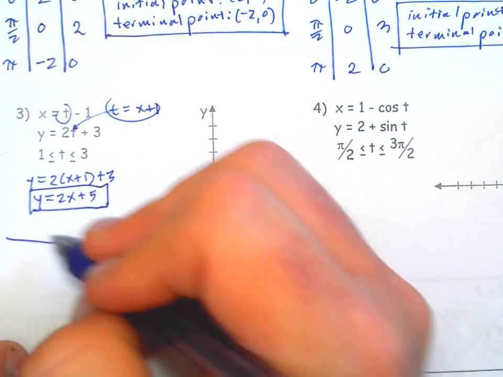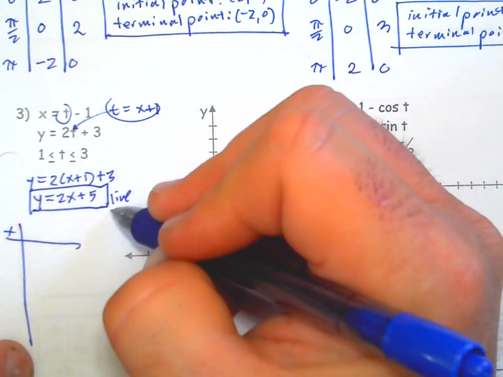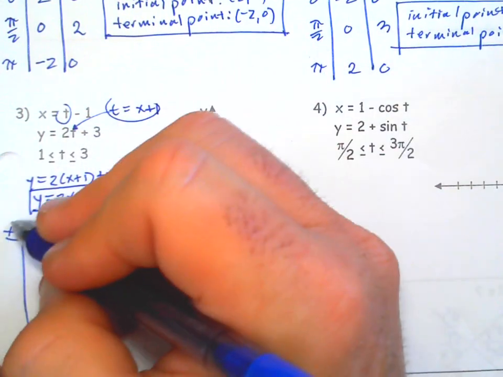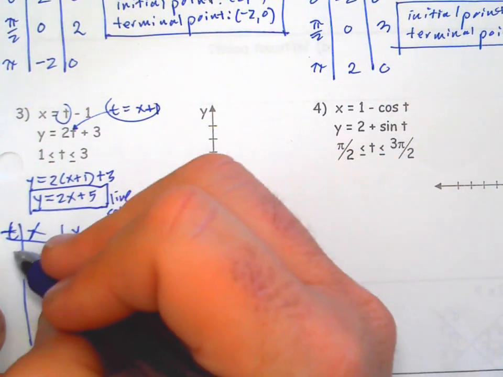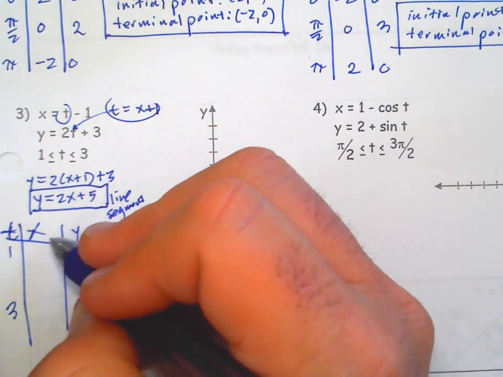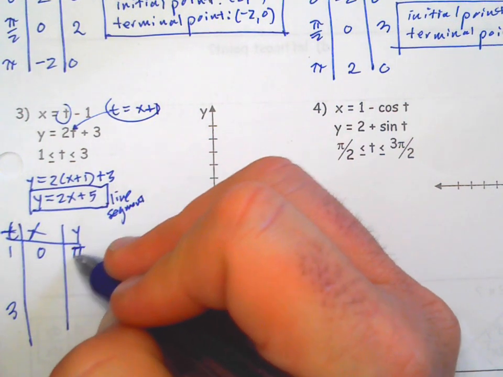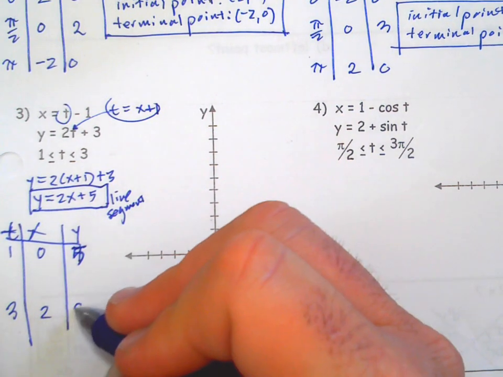So we're going to make a table. Now, I'm pretty sure it's going to be a line segment because we have endpoints. So we're going to plug t in, x, y, 1, 3. Plug 1 in, you get 0, 5. Plug 3 in, you get 2, 9.